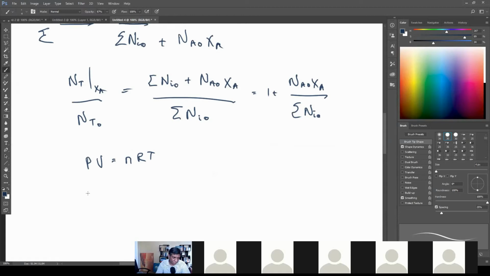If it's in flow, then instead of a fixed volume, we would talk about a volumetric flow rate, and instead of a fixed number of moles, we would talk about a change of moles in time. And then we've got temperature.